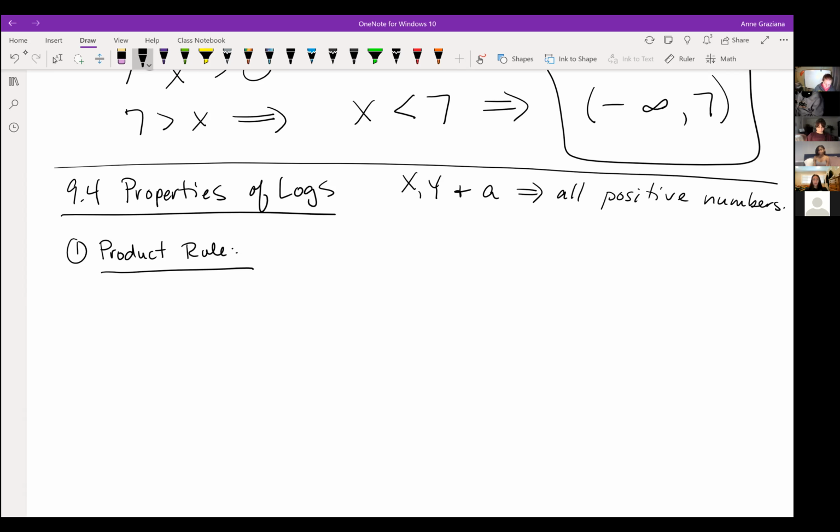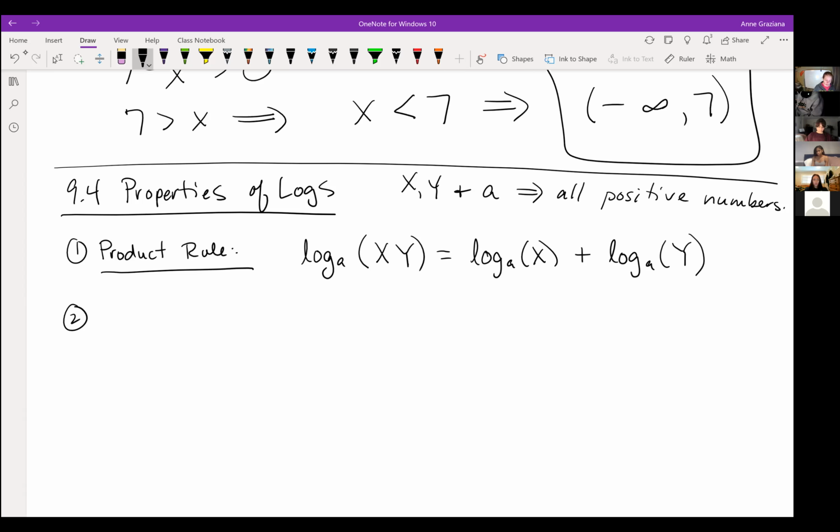So here we go. Say you have log base a of x times y, two things multiplied together in the input. You can rewrite this as log base a of x plus log base a of y. So I can actually break those apart into addition.